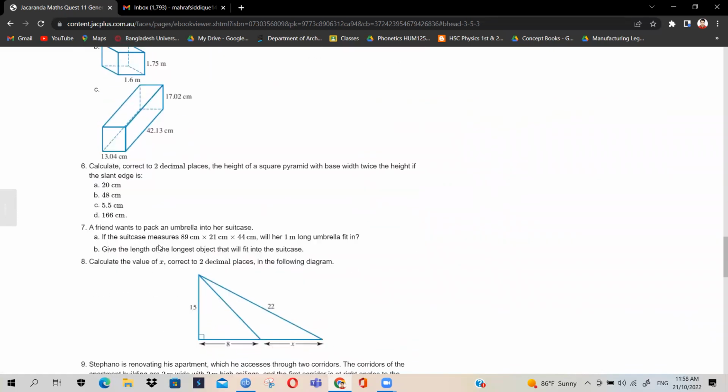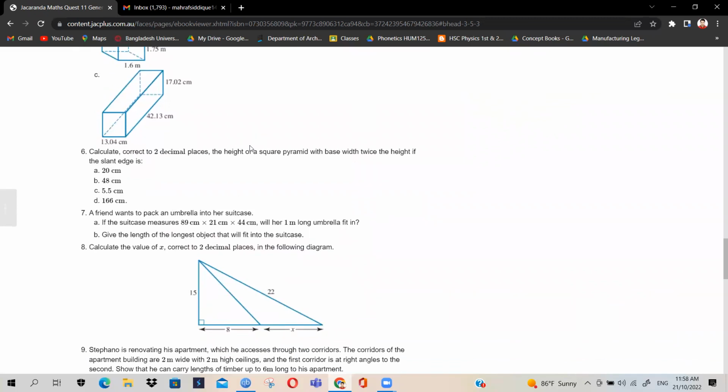Calculate, correct to two decimal places, the height of a square pyramid with base width twice the height. Okay, all right. So if I make you visualize what the question setters are asking here, it will be something like this.